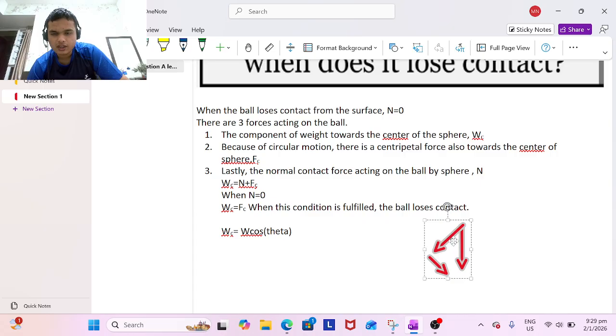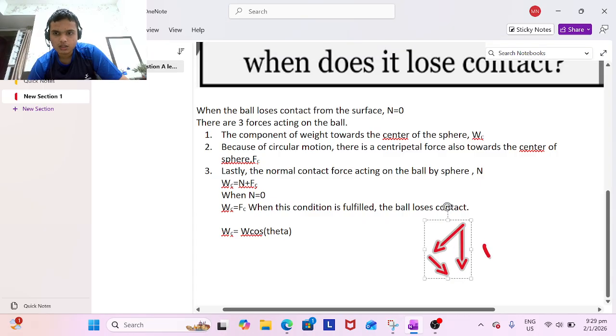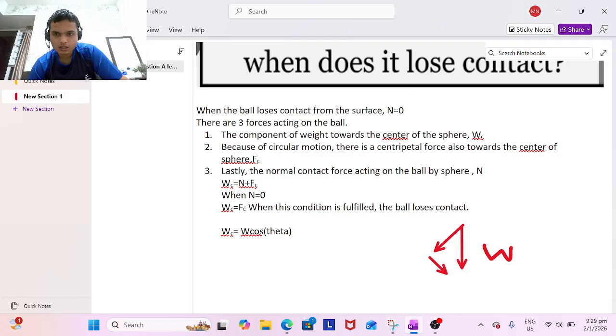So this angle here is theta. We have this is W, and this is theta.